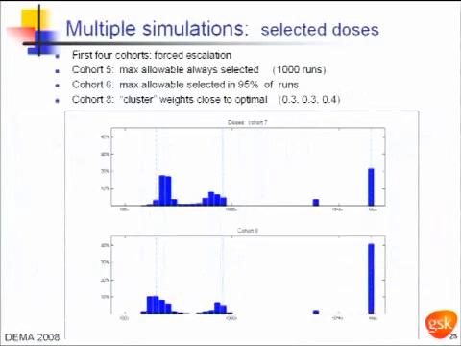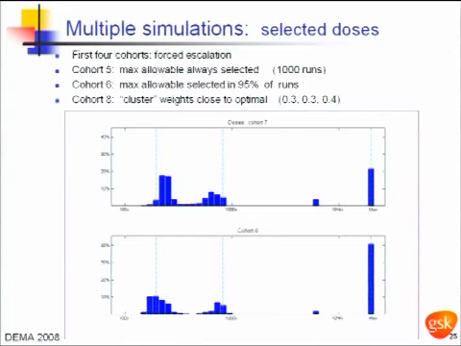But what you would be interested in, of course, is to run multiple simulations and see how doses are allocated. So in this particular scenario, I had first 4 cohorts as a forced escalation. For the cohort number 5, and total number was 8, the maximal dose was always selected.